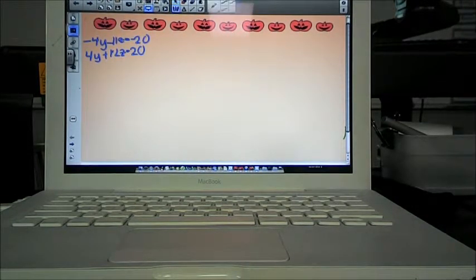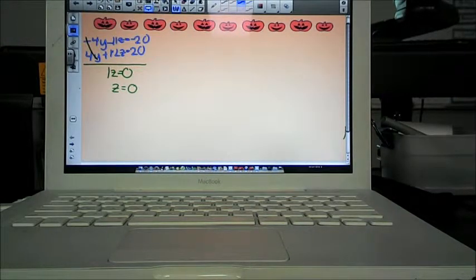To find our first value, we must combine the first and second equations. Since the y's are already set up, we'll just cancel those out. So it comes out to 1z equals 0, so z equals 0.